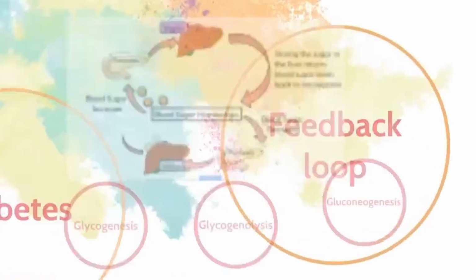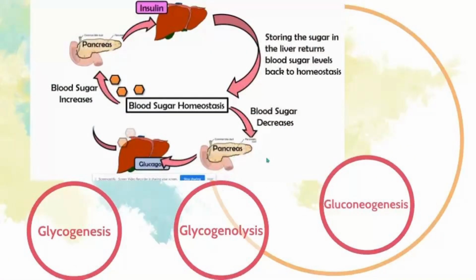As we spoke about last time, the liver plays a really important role in regulating blood sugar levels, because this is the site where there is the conversion of glycogen to glucose and glucose to glycogen.